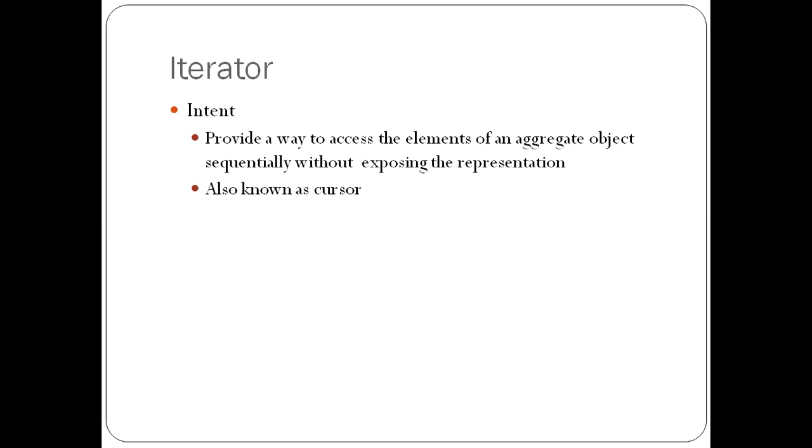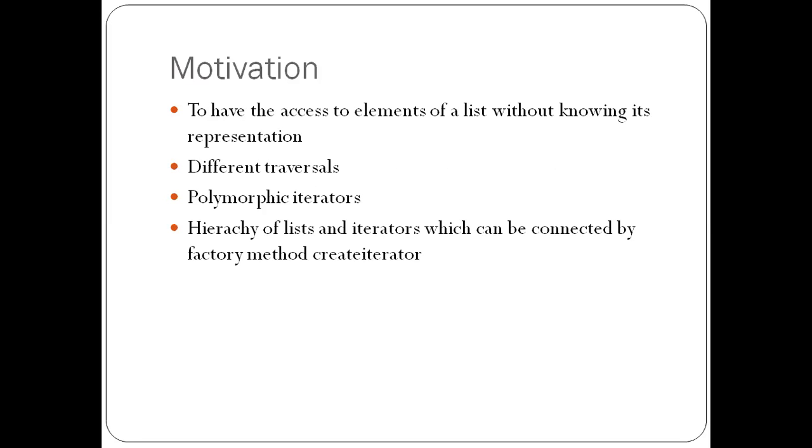We have to access each element of the aggregate object without knowing how the elements are interconnected and how they are composed to form an aggregate object. How to solve this, that we will see using an iterator. This pattern is also known as a cursor. The main motivation also comes from the same, that is, without knowing how the composite object is represented, we have to access each element of the composite object.